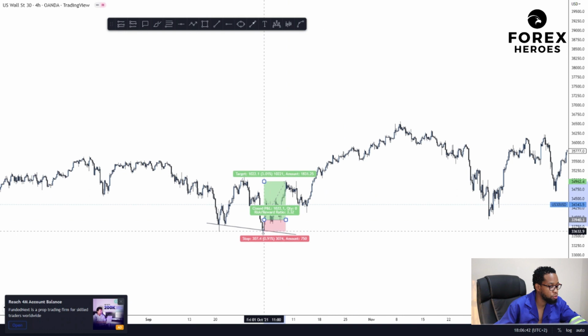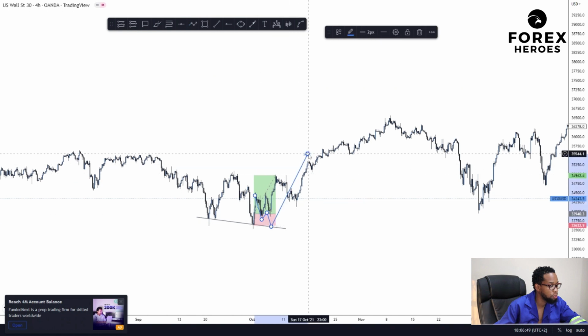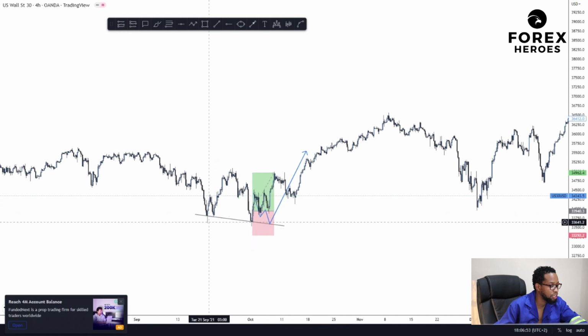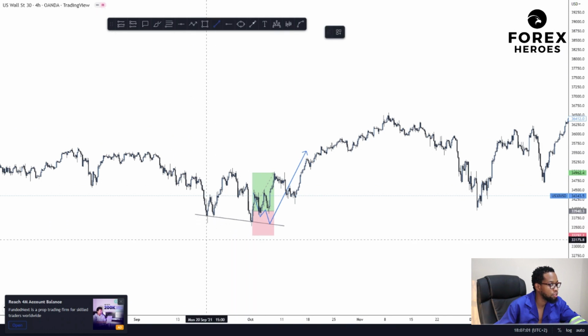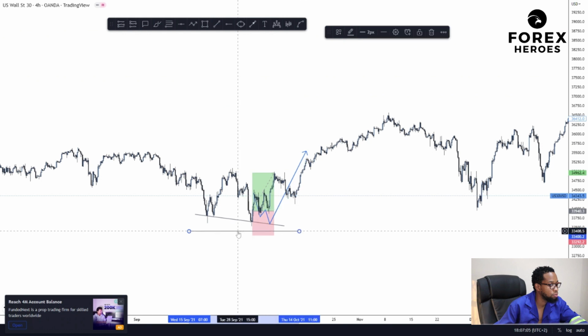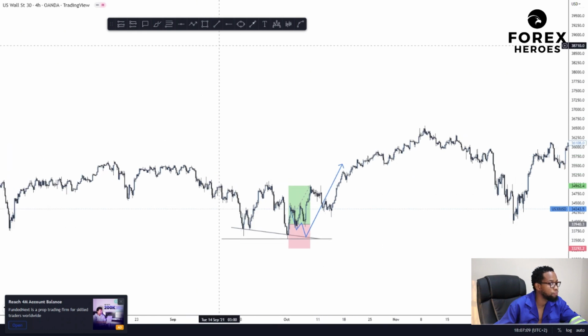Like for example, if you put your low here, you might have a situation where the market decides to push here before it pushes further down. So if your stop loss is here, it's below these lows, this is the lowest low, you are more than safe. If it's below this low, you are more than safe.